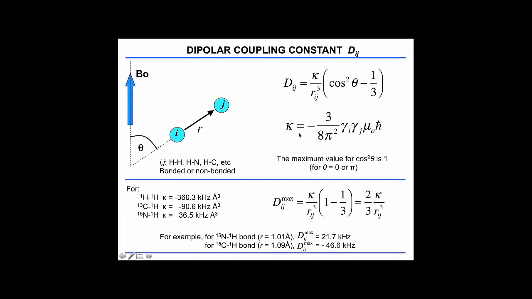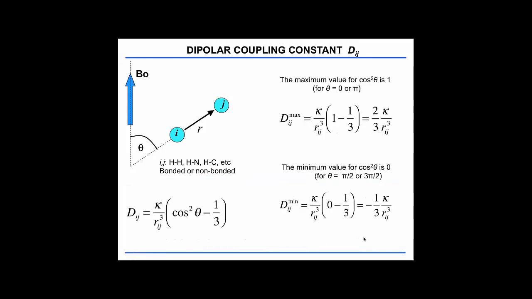And then what I showed you last time, I have also to make a correction here, because in my slide, in my first presentation, it said that this one was 46.6 kilohertz for a CH bond parallel to the magnetic field, but it's negative 46.6 because the K, or kappa, for the CH bond is minus 90. So my apologies for this mistake, but now it's corrected here.